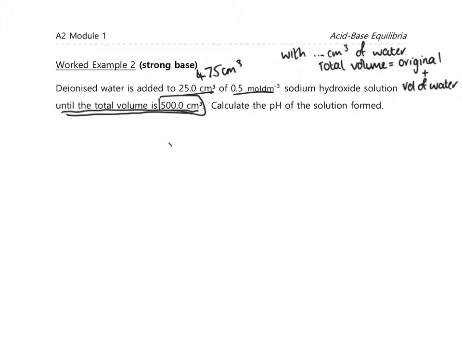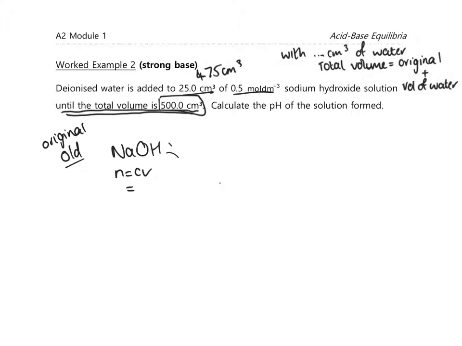So same process here, we want to work out the concentration of the new alkali. And we do that in the same way that we did previously. So in the original solution, you can write old or original solution of sodium hydroxide. We want to work out the number of moles that we had of the sodium hydroxide.